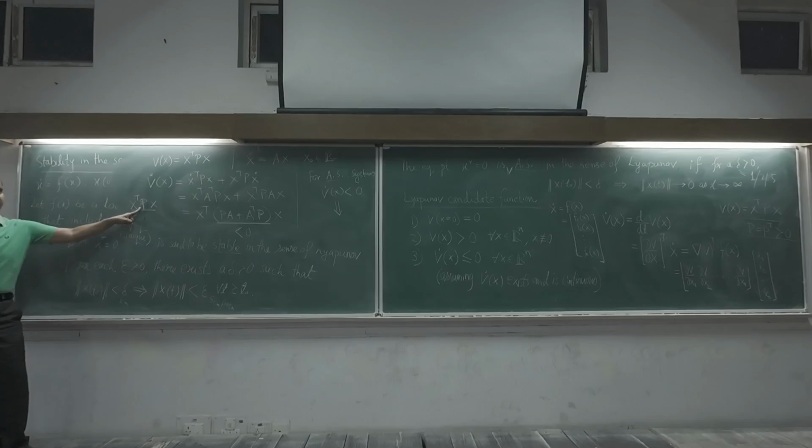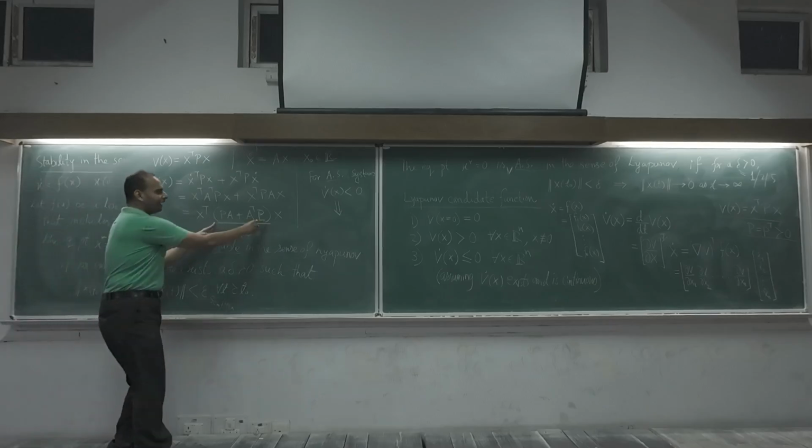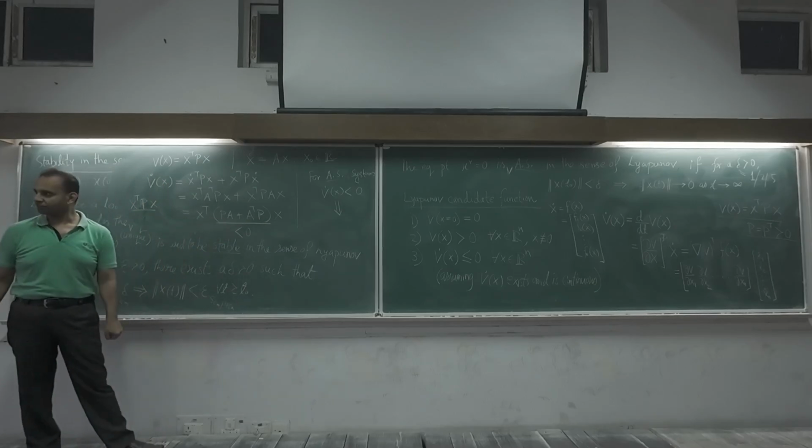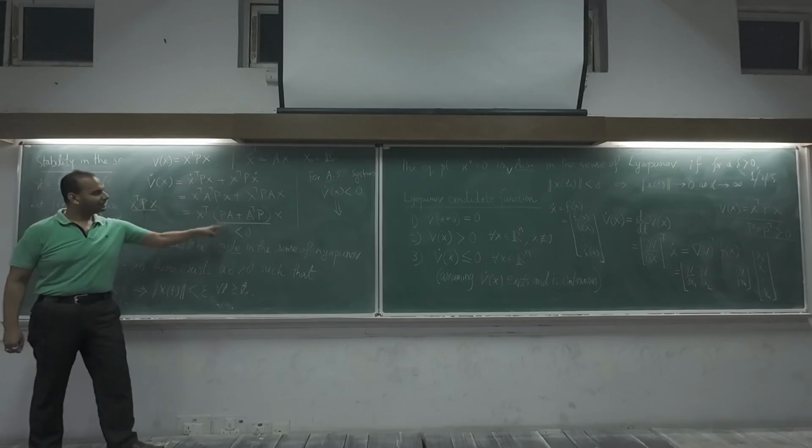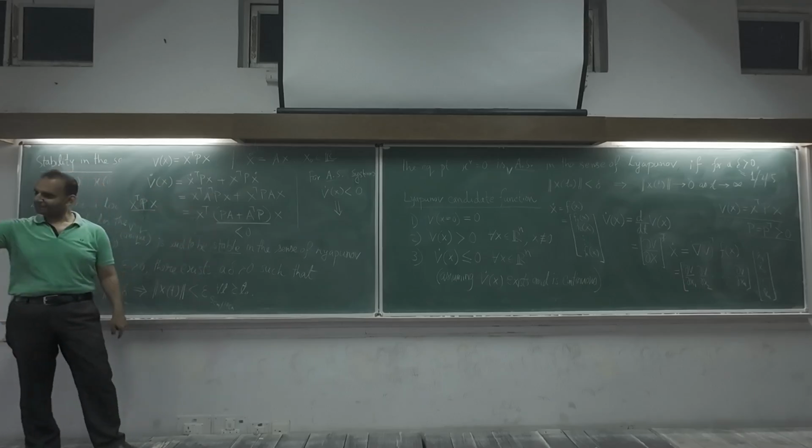Depending upon the definiteness of the P matrix. Now here, as a whole, it is PA plus A transpose P. If this is negative, then it would guarantee that V dot X is a negative definite function.